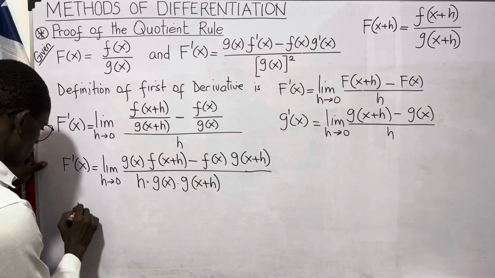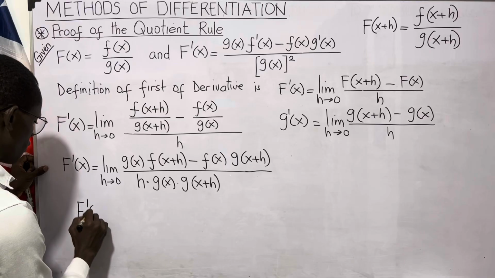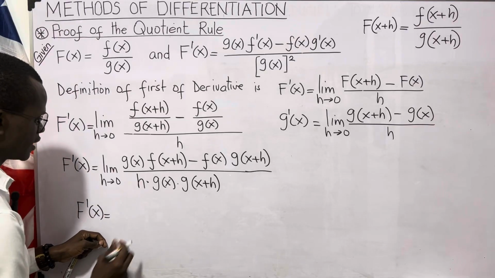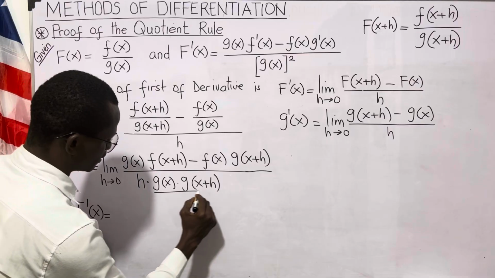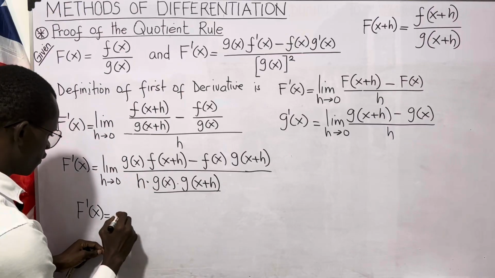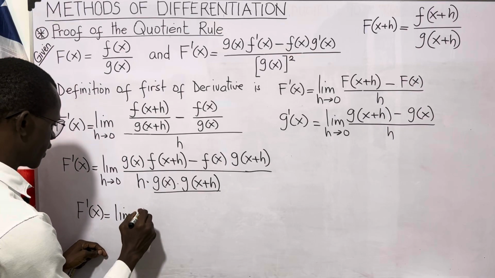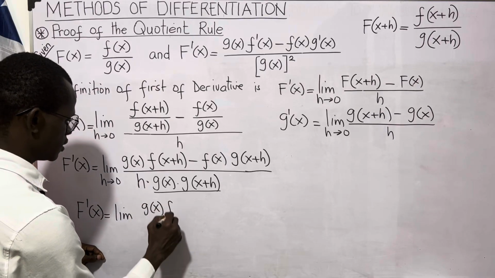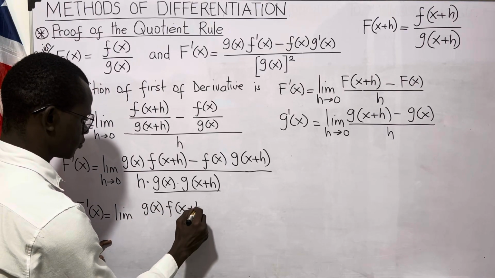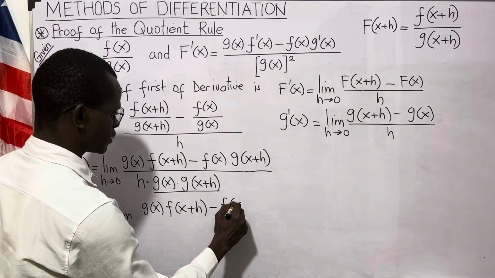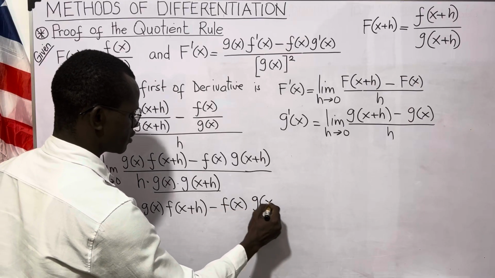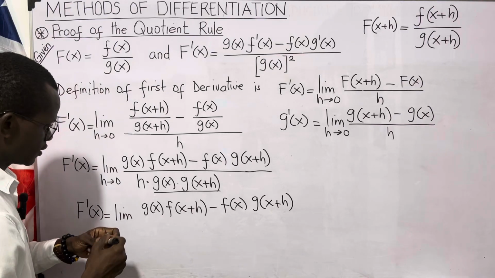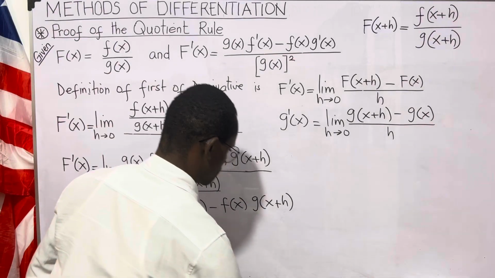Now, we continue. We say f prime of x is equal to... Now, what we can do here is factor out this expression. We're going to get g of x times f of x plus h minus f of x times g of x plus h. Okay, let's factor it first.